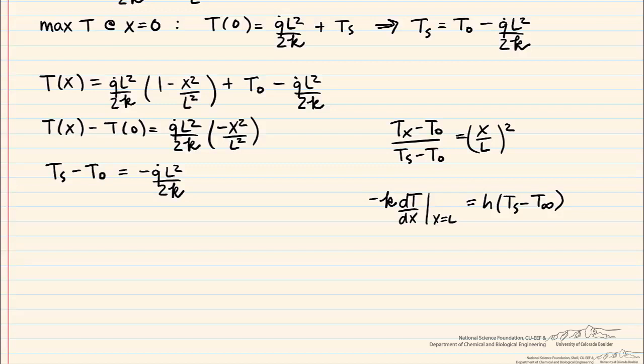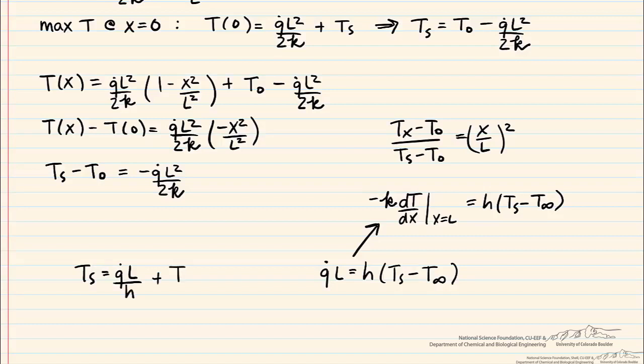So referring to our temperature distribution from above, this term is just equal to q dot L, and that's going to equal h times Ts minus T infinity, or our surface temperature is equal to our generation term, q dot, times the length divided by our convective heat transfer coefficient plus T infinity.